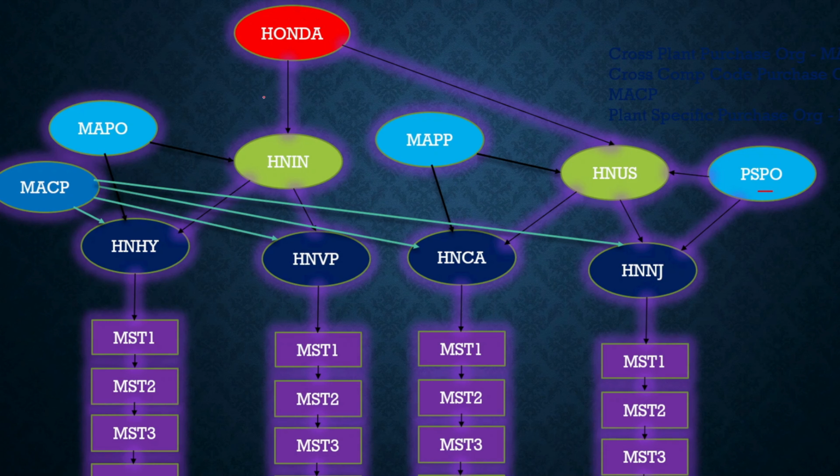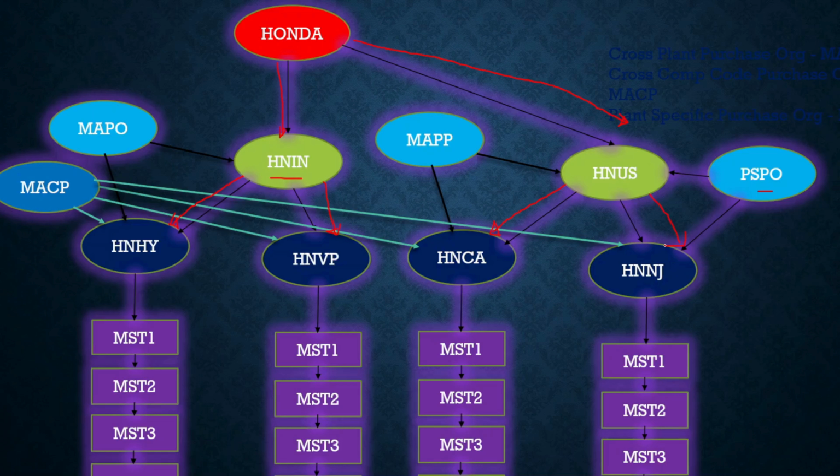Just come to this example. Here Honda is a client. Under that Honda there are two company codes, one is Honda India, one is Honda USA. So two company codes are there under that client.